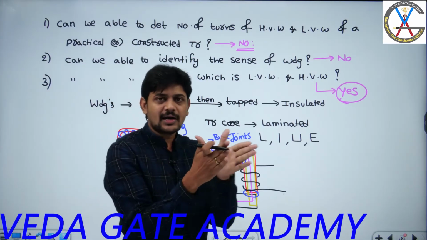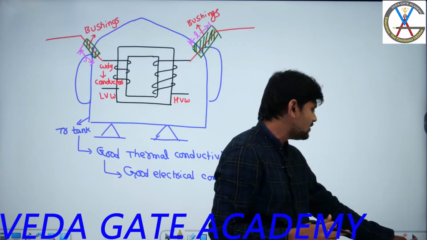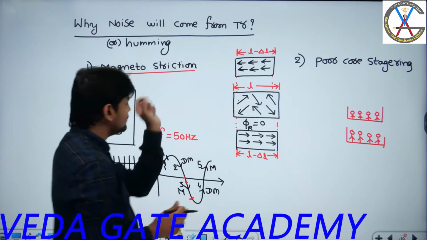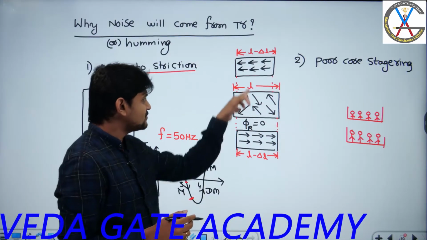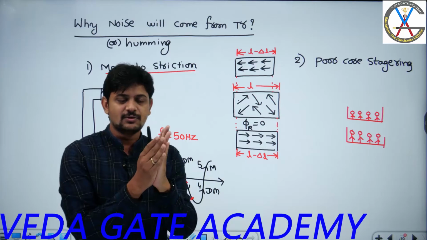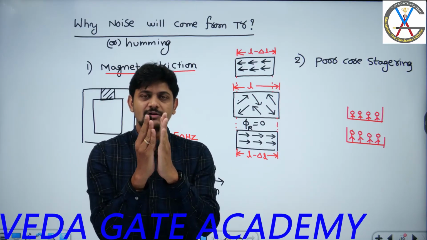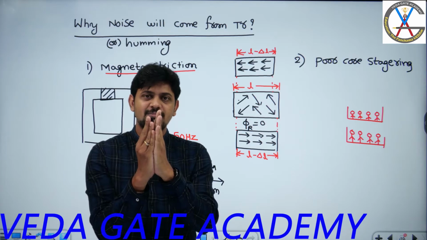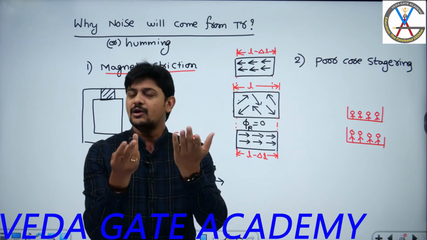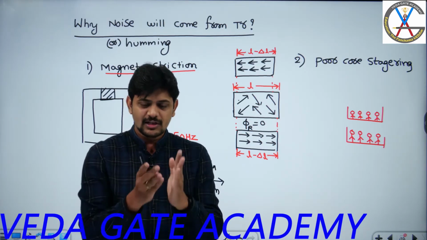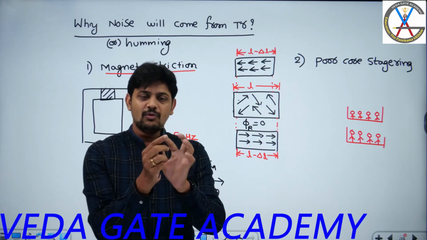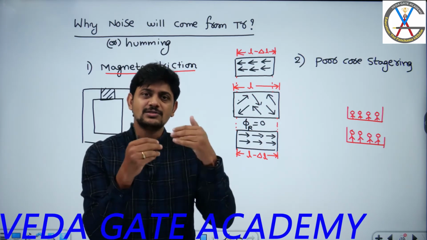If I do not tightly bunch the laminations, then because of this magnetostriction, because of the changes in the dimensions, the mechanical stresses between magnetic plates will increase. The moment these mechanical stresses between magnetic plates increase, obviously these two magnetic plates will hit, and the magnetic plates start vibrating.